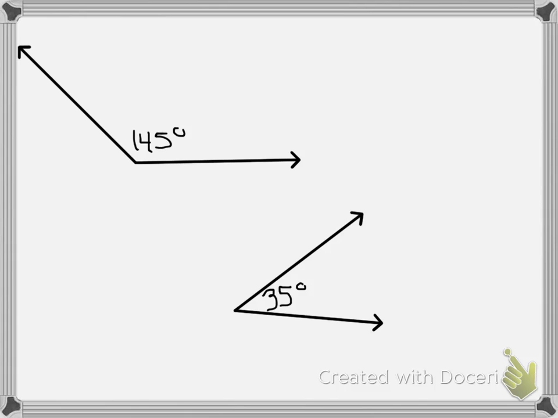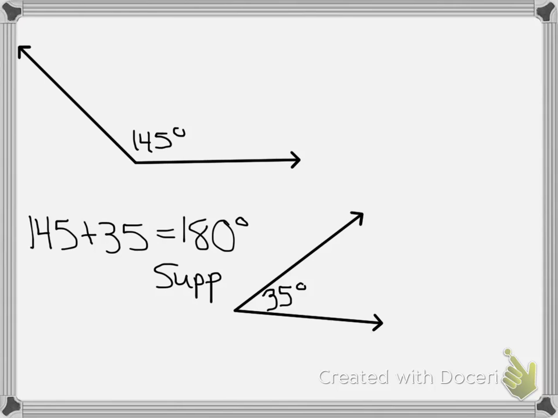Lily? Neither. Okay. Anybody else agree, disagree? Noah? Supplementary. Why? Because 145 and 35 add up to 180 and 180 is supplementary. Very good. Because when I add them together, they add to be exactly 180 degrees. Since they are 180 degrees, they are supplementary angles.